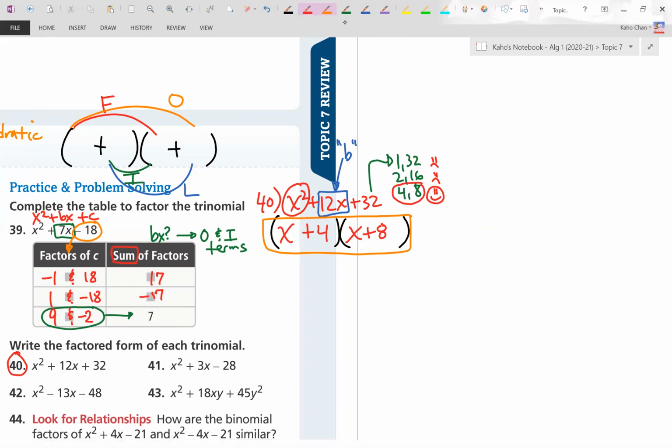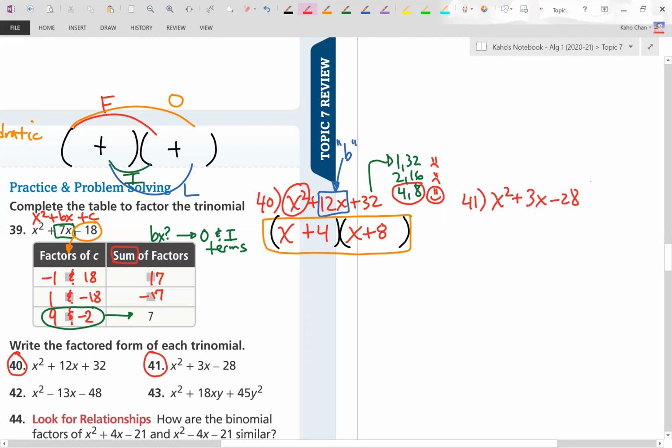41 is next. Let's do that one. We're trying to factor x squared plus 3x minus 28. Now the last one was positive, positive, and my answers were positive, positive, but this one's kind of interesting. One of them is going to be positive, one of them is going to be negative. I'm trying to shoot for 3x, based off the sum of the factors of negative 28.